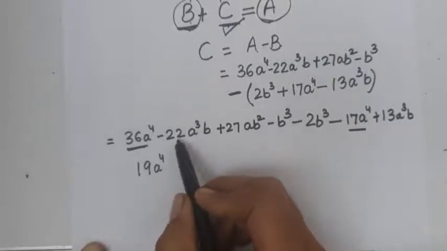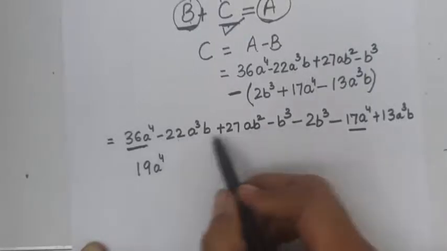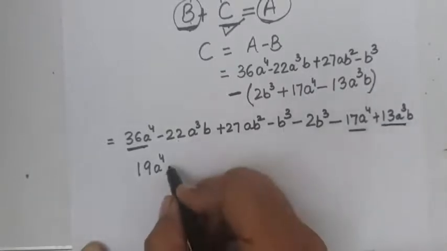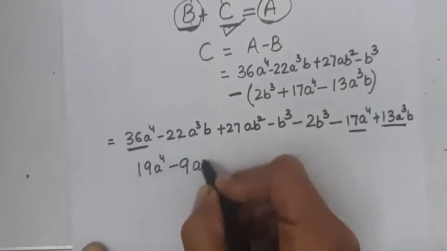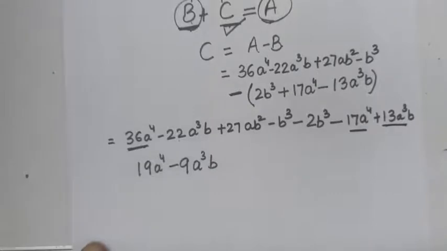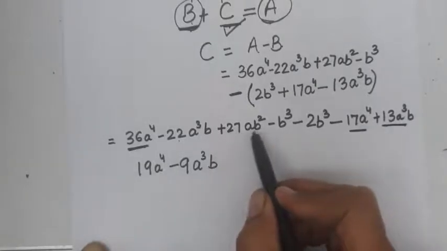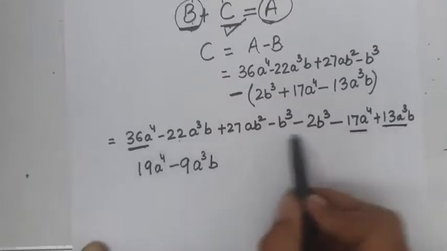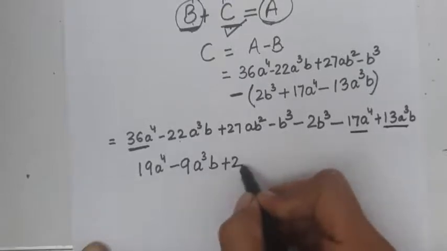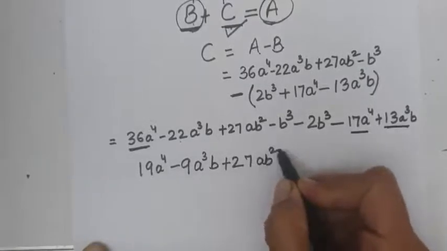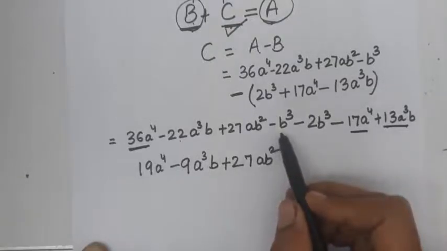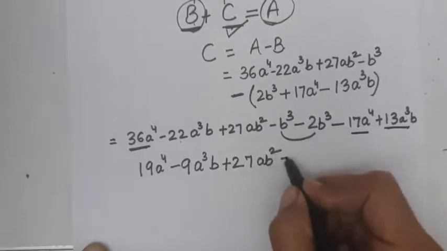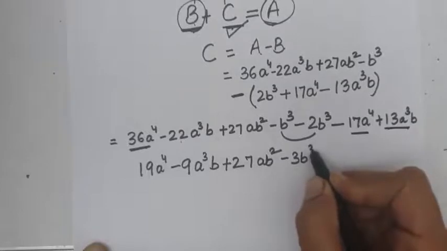Then minus 22a³b plus 13a³b will give you minus 9a³b. Clear? Then 27ab². There is no other term containing ab², so this will remain as such. Then minus b³ and minus 2b³ will become minus 3b³. Clear?